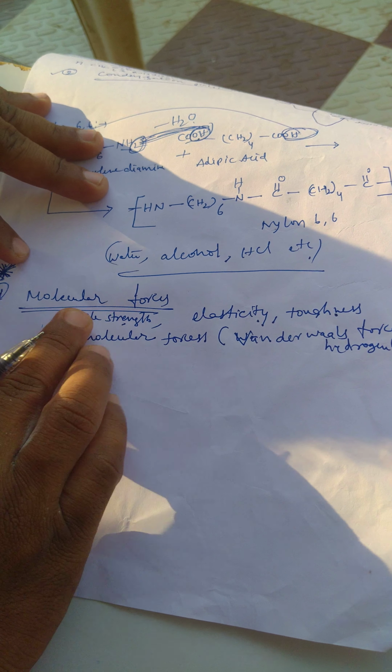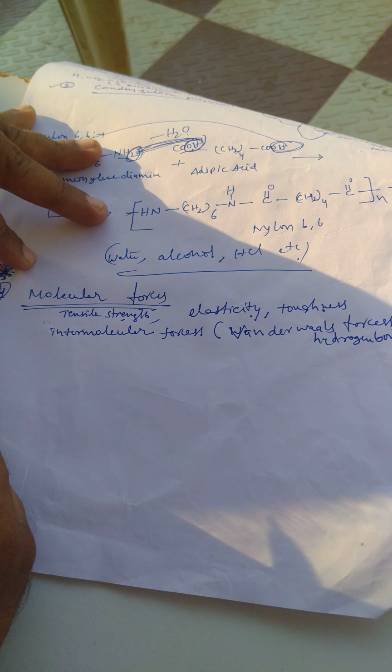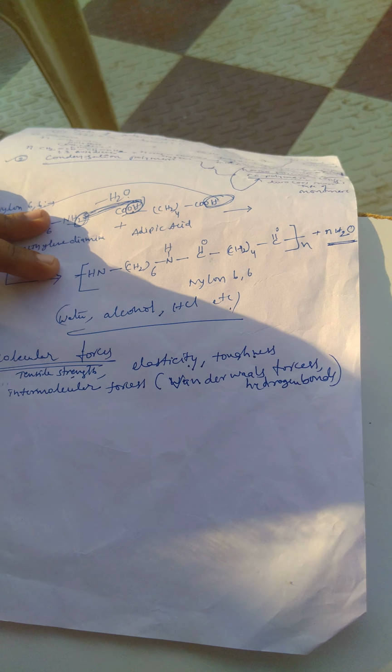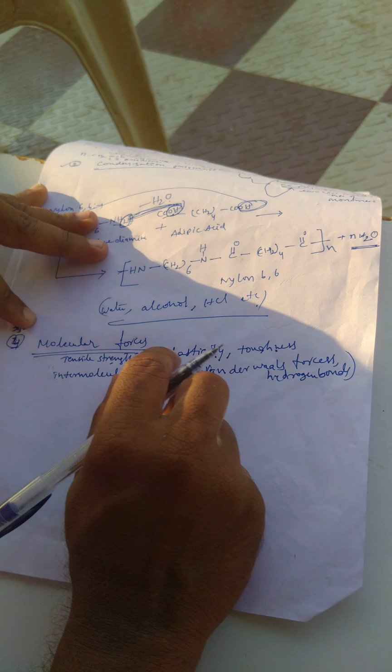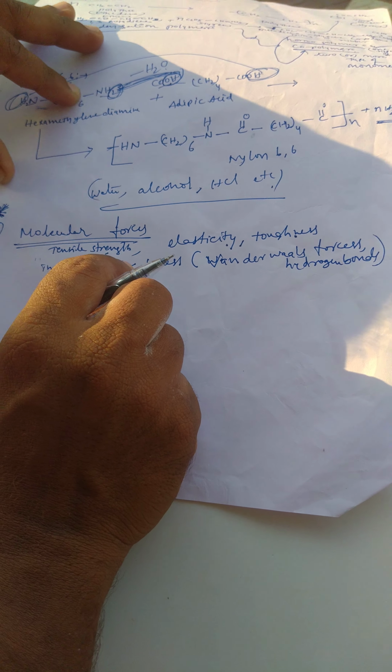Under this category, the polymers are classified into the following four subgroups on the basis of the magnitude of the intermolecular forces present in them. In each and every polymer, different types of intermolecular forces are there, whether strong or weak.